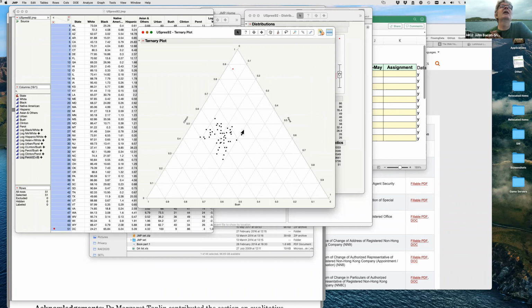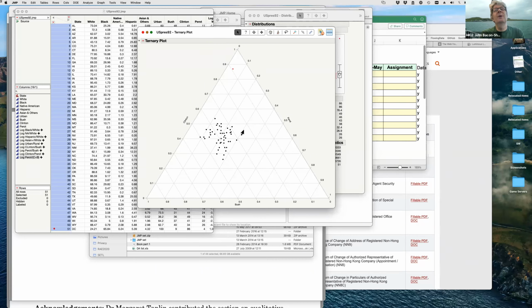So the obvious thing is, is there any demographics at the state level we can use to try and understand what makes the votes vary? Now, again, which log ratios do we want to look at? In general, for the election, all you really care about is Clinton versus Bush.